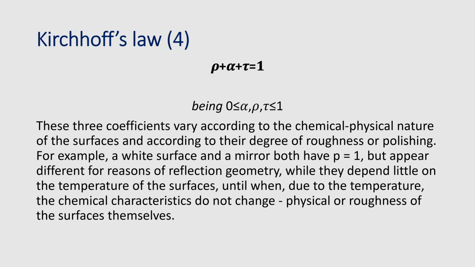By the energy conservation principle, if tau is equal to 1, the glass is not reflecting, because rho will be nearly 0, and it is not absorbing energy, because the sum should be equal to 1.